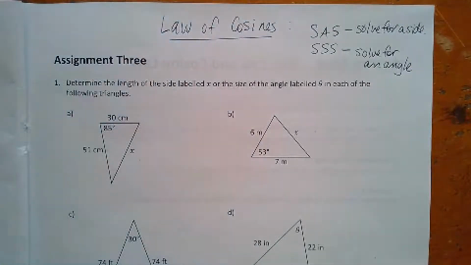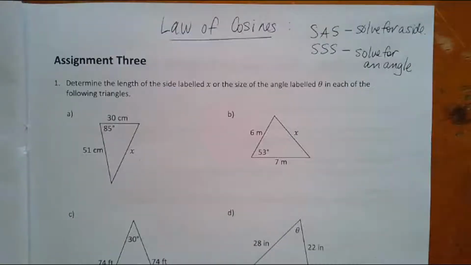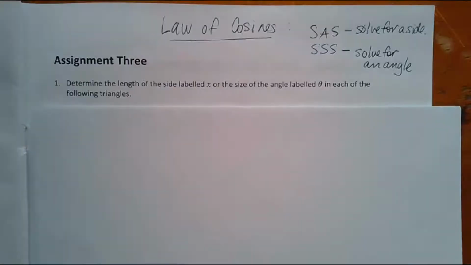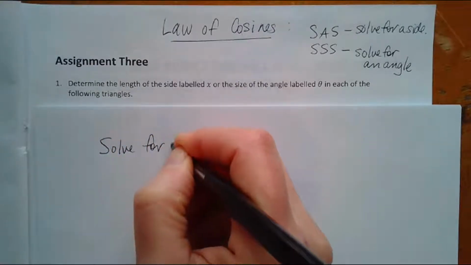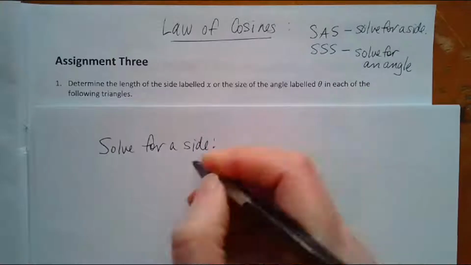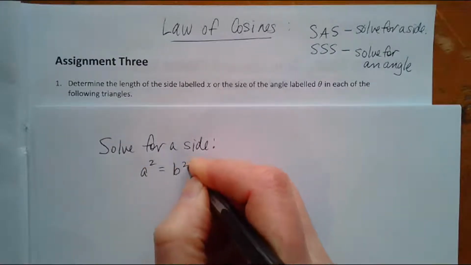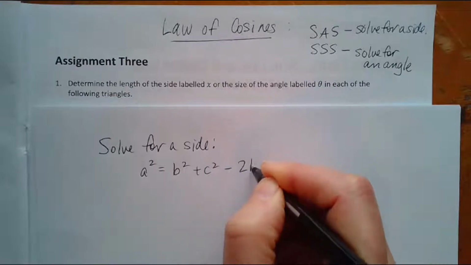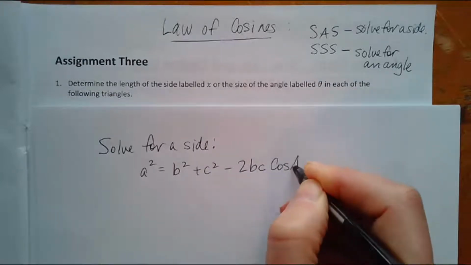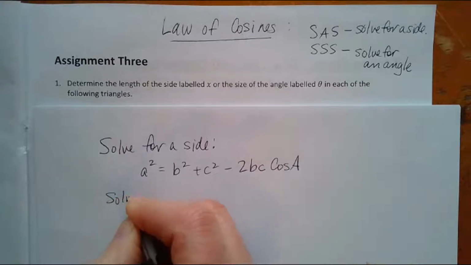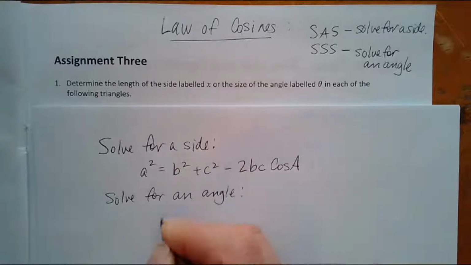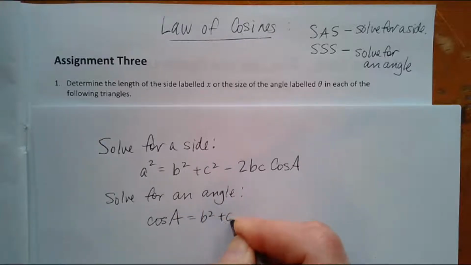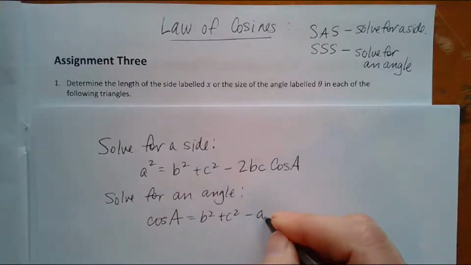Now, the formulas are given to you, right? So I would suggest you have the formulas printed. Solving for a side, the formula is a squared equals b squared plus c squared minus 2 times b times c times cos of A. And then solving for an angle, the formula is cos of angle A equals b squared plus c squared, they start out the same, minus a squared.